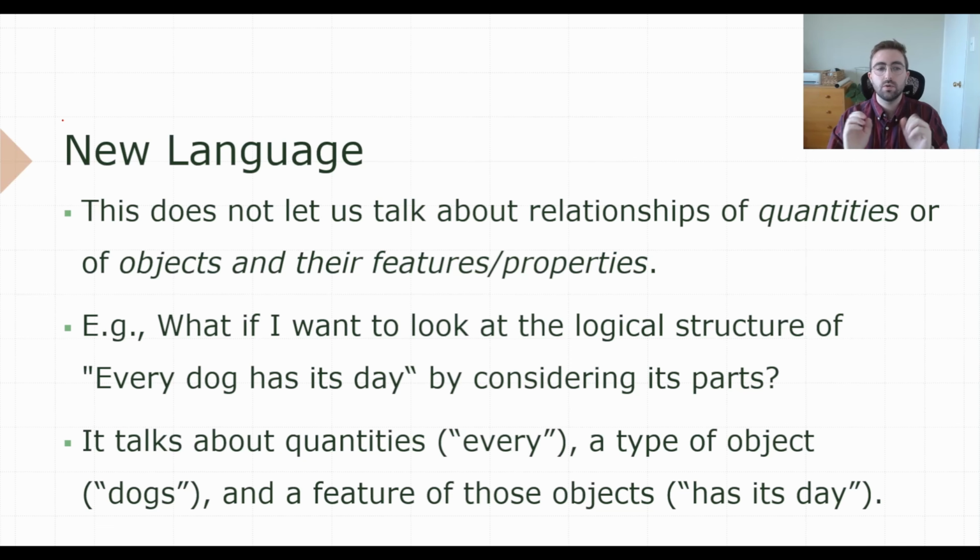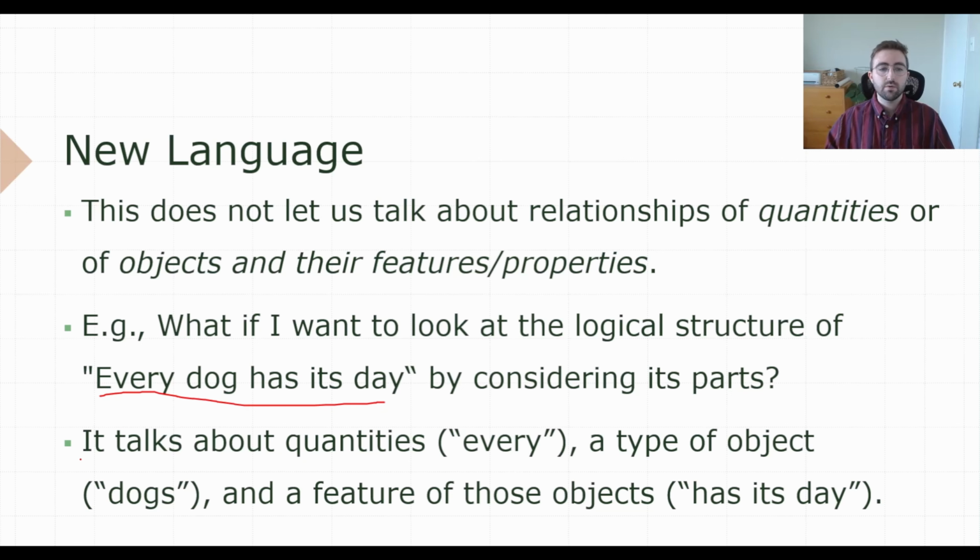So we might want to sometimes divide those parts up. Like, what if I want to look at the logical structure of one proposition, one sentence? Every dog has its day. We want to look at its parts, right? We want to look at the parts of that sentence. So far, propositional logic doesn't let us do that because we have to treat that just as one letter, right? Like that would be, I don't know, P could be every dog has its day.